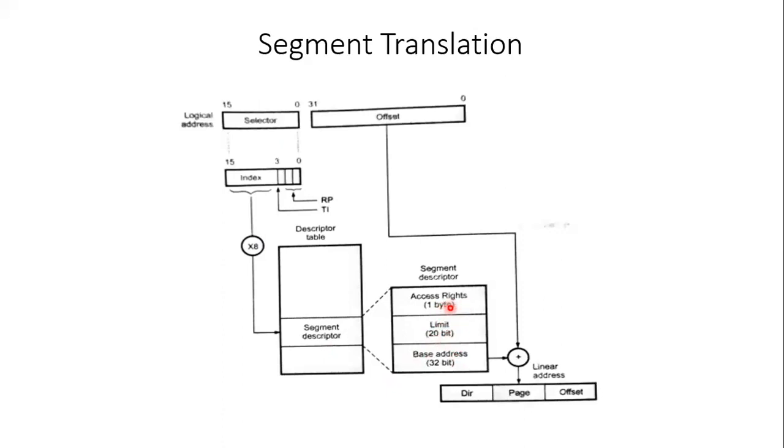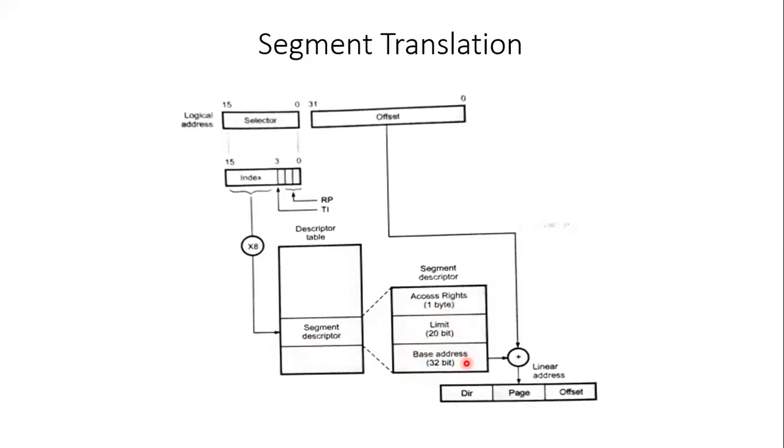Okay, the 80386, whatever is our microprocessor, adds the base address from the descriptor to the effective address or offset to generate a linear address. What it will do is, once the pointer points to the descriptor, from the descriptor it will take the base address, a 32-bit base address.